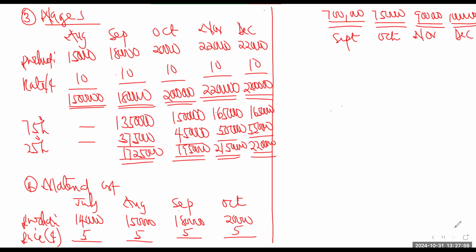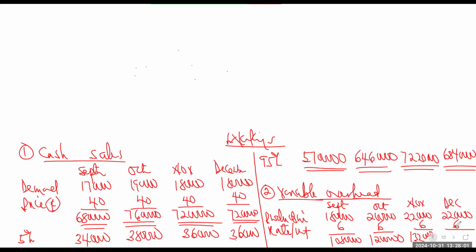So let's go there. September will be 700. So we have the material cost here. We have 700, 750, 900, and then 1,000.